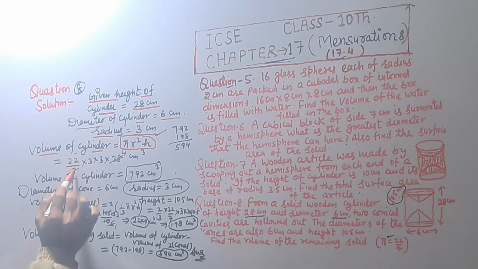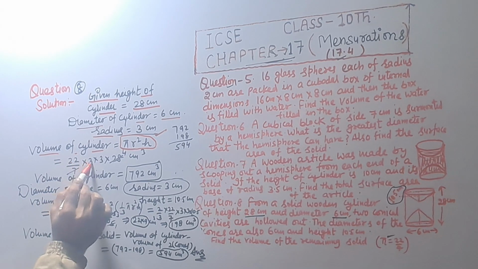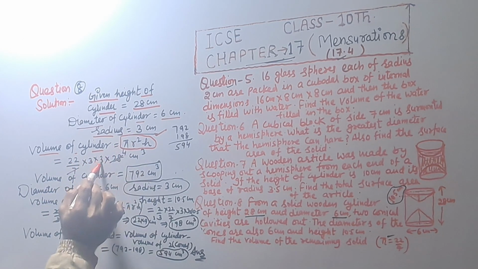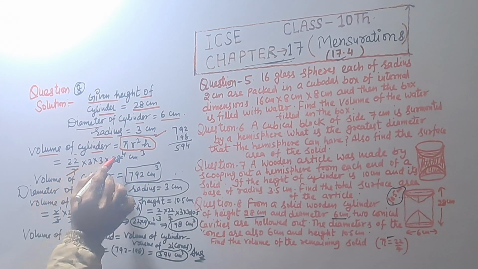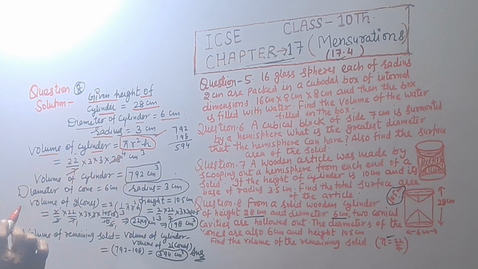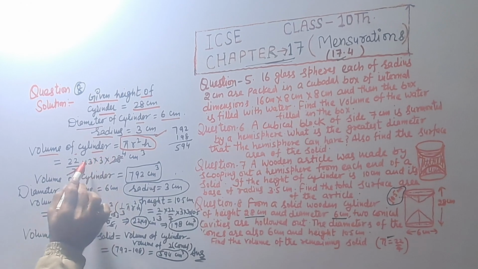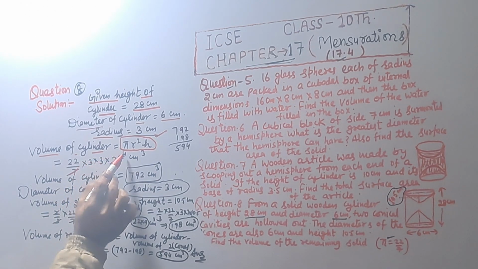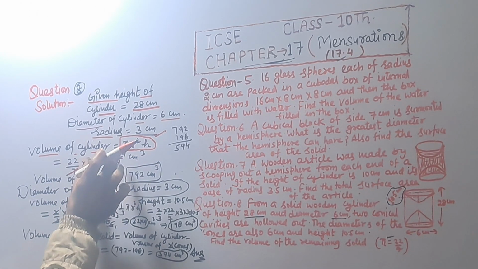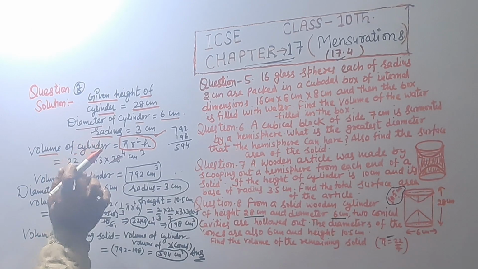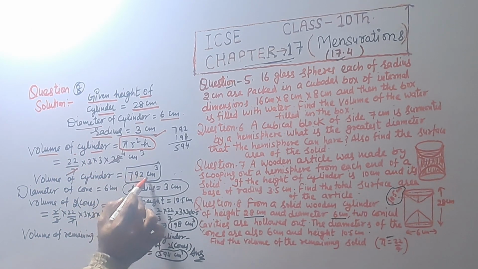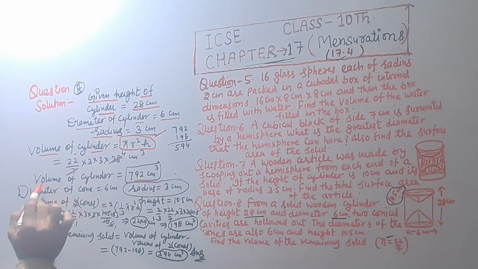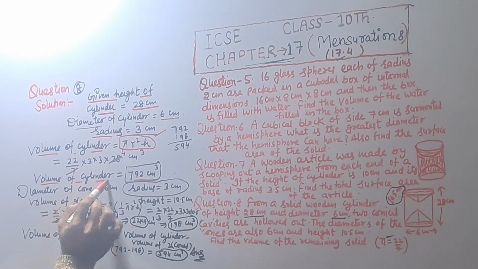Pi is 22 upon 7 into r is 3 into 3 into height is 28. 7 1s are 7, 7 4s are 28, 3 3s are 9, 9 4s are 36, and 36 multiplied by 22, then we get 792 centimeter cube, its volume of cylinder.